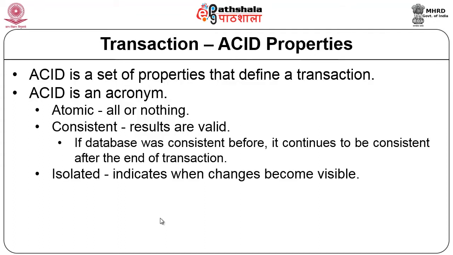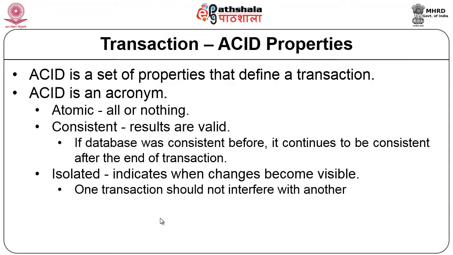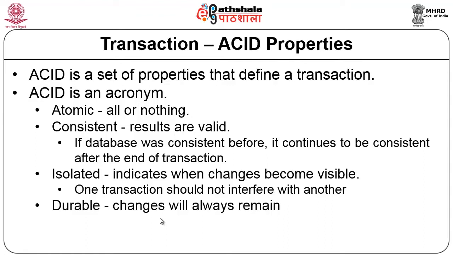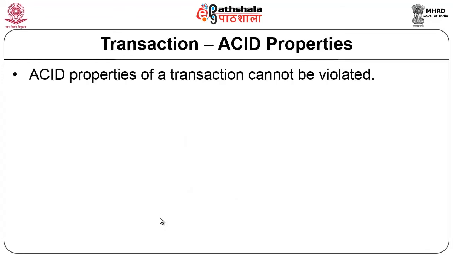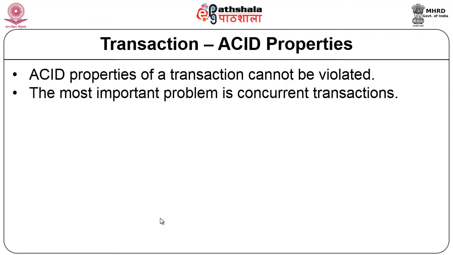Isolated: if more than one transaction is happening together, each transaction should be in an isolated manner. One transaction should not interfere with the other. And durable: once the transaction has made the changes, they should not be disturbed; the result will be permanent. So, ACID properties of transactions cannot be violated. If it is a transaction, all these properties have to be maintained.